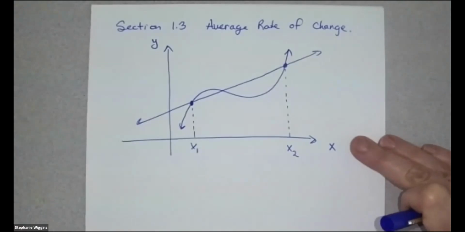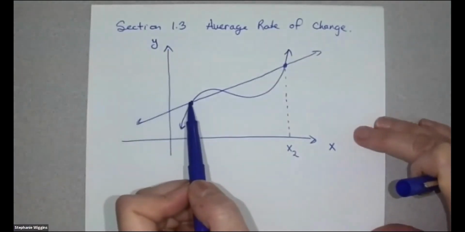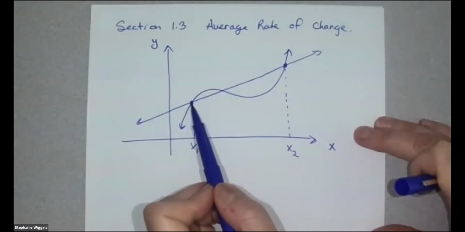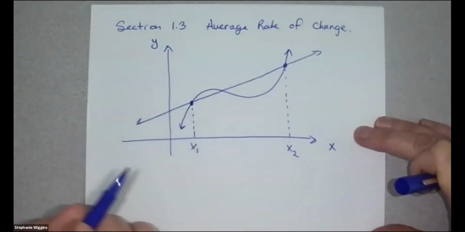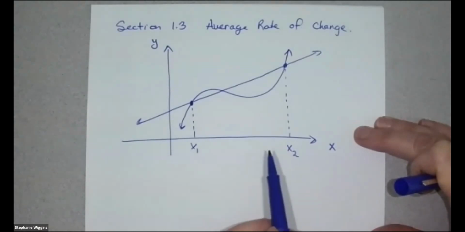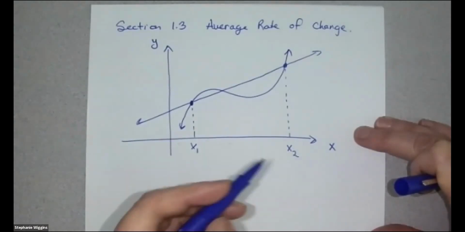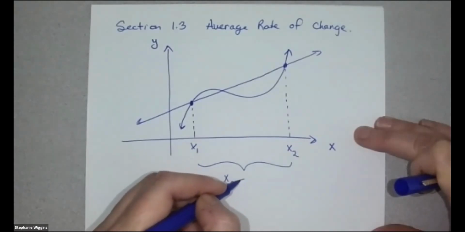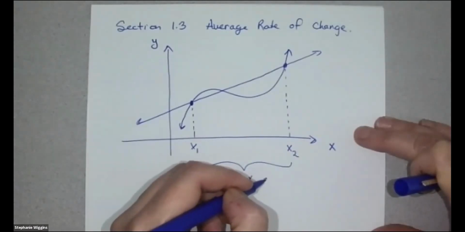So the average rate of change from this point to this point is just the slope of this line. So the change in x would be x2 minus x1. That's this distance right here, and that is equal to the run.